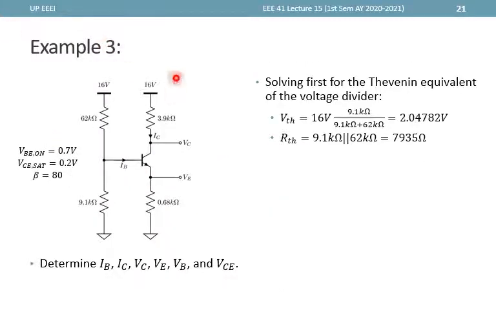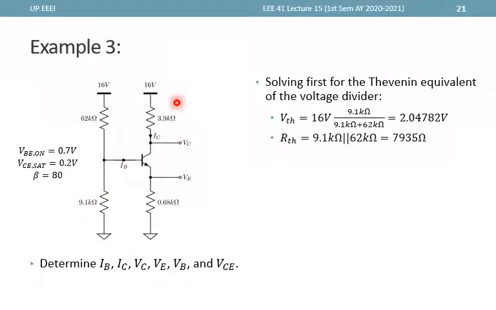For example 3, we have this resistor divider biased emitter stabilized NPN circuit, and the goal is to determine the currents IB and IC and the voltages VC, VE, VB, and VCE with these resistance values.